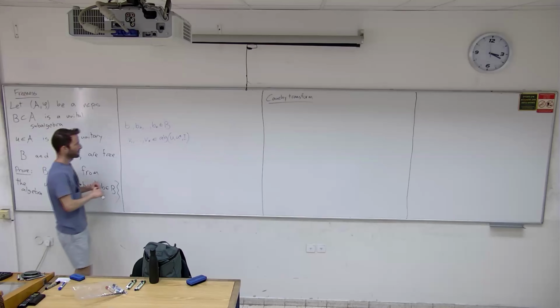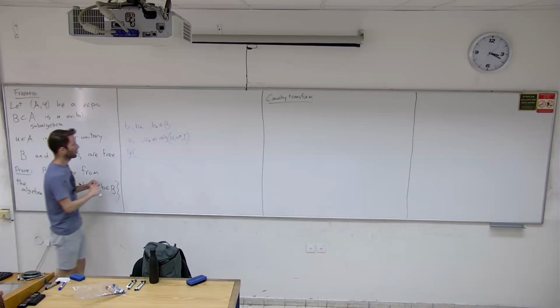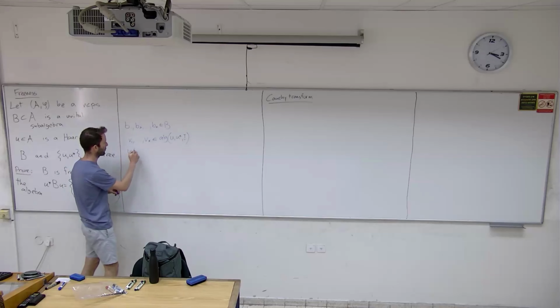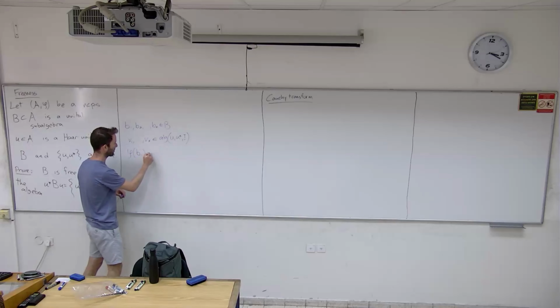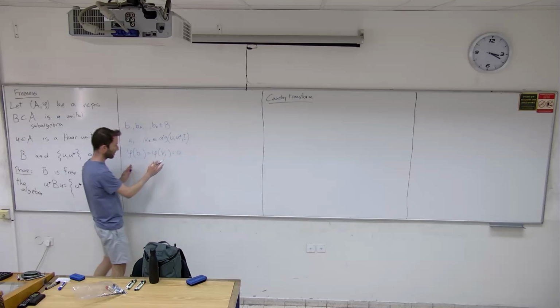Such that all of them are centered according to phi. So phi of bi equals phi of vj equals 0 for all of them.